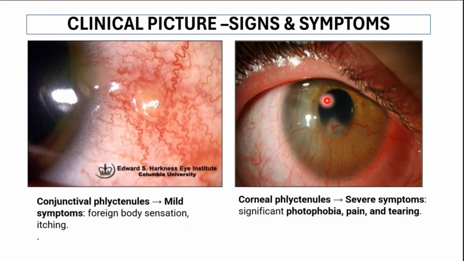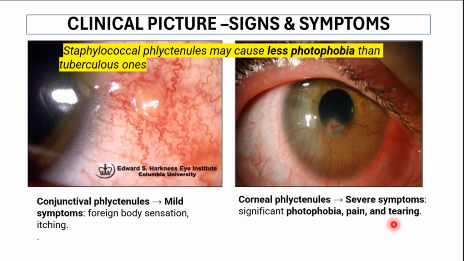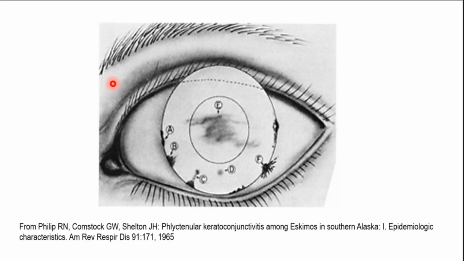However, if the patient has corneal phlyctenules, the symptoms are going to be severe. There will be significant photophobia, pain, tearing, and also blepharospasm. The afflicted patient makes every effort to shield their eyes from the light. Also, what you need to know is that the Staphylococcus phlyctenules basically may cause less photophobia than the tuberculous ones.